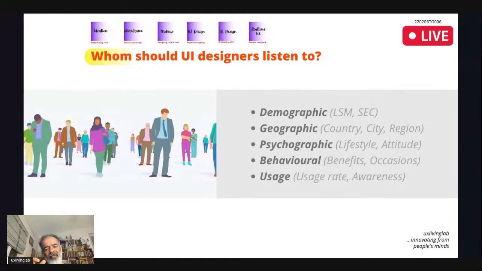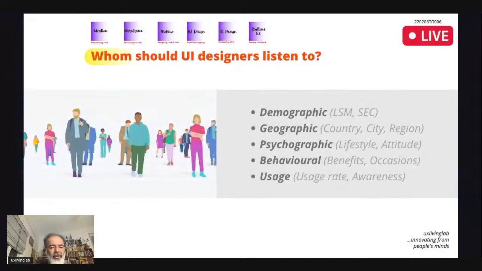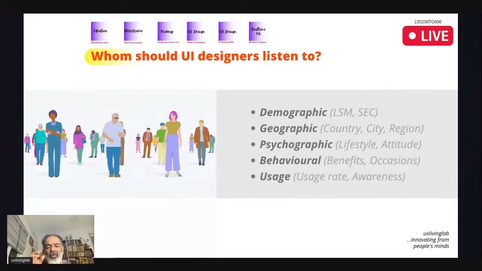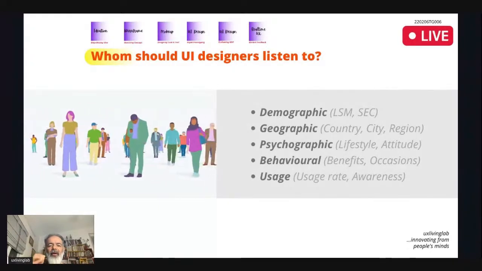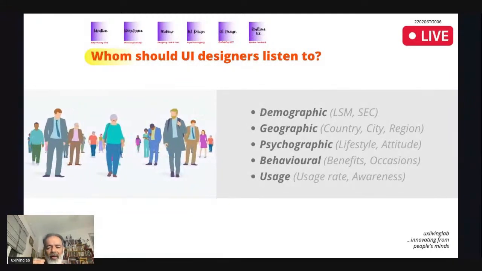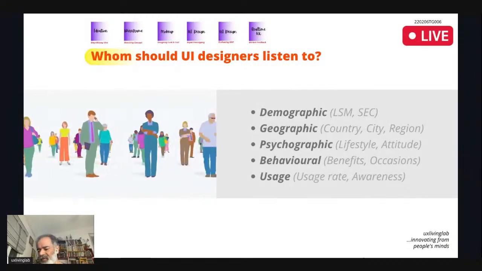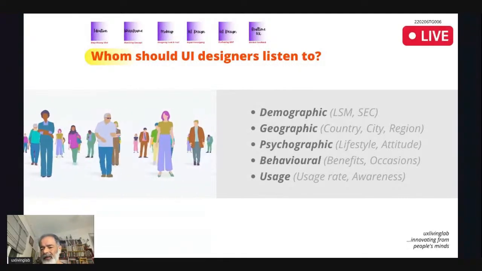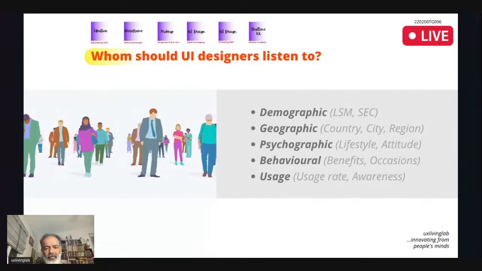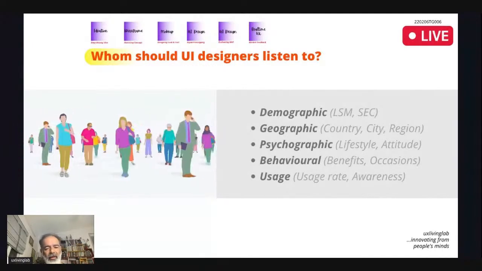When you take the particular category of people, it comes to demographic or geographic or psychographic or behavioral or usage based. So find your users or define your users, for whom you are designing as a UI designer. You should have clarity in your mind. Is this UI going to an illiterate person from a developing country, or to an educated person in a developing country?